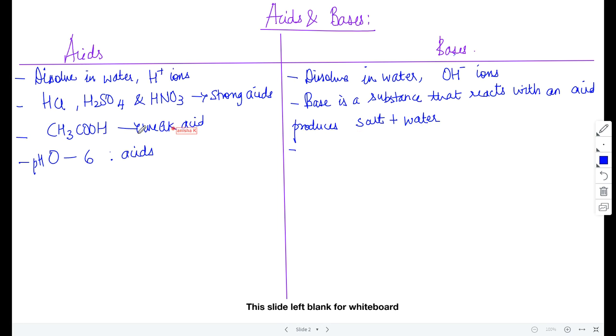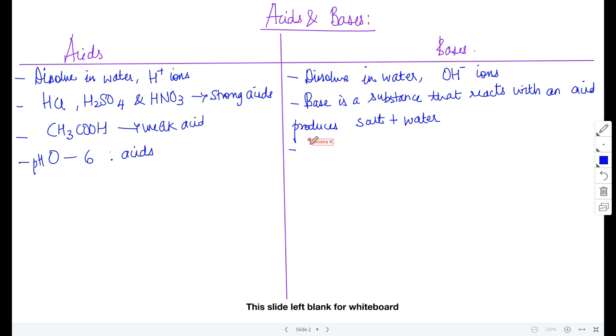Here we saw the strong acids. Some other information about bases is that they form hydroxide ions, then they form salts.